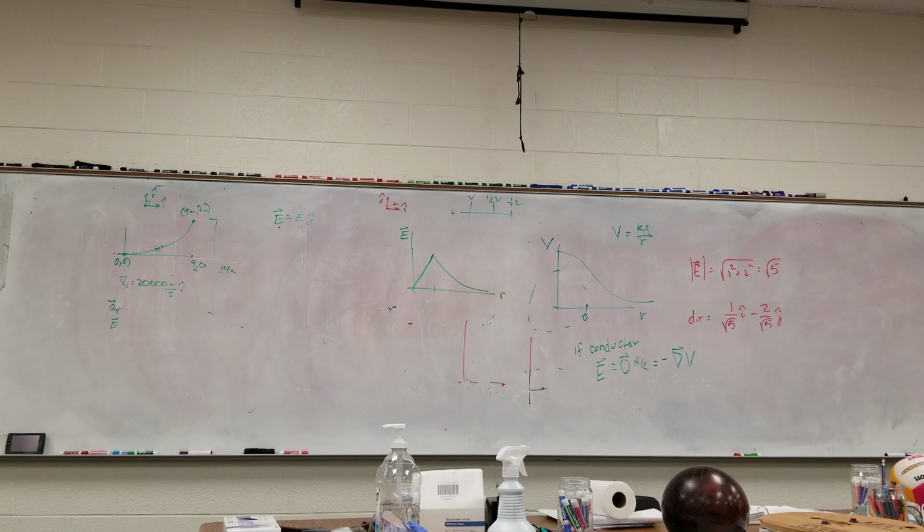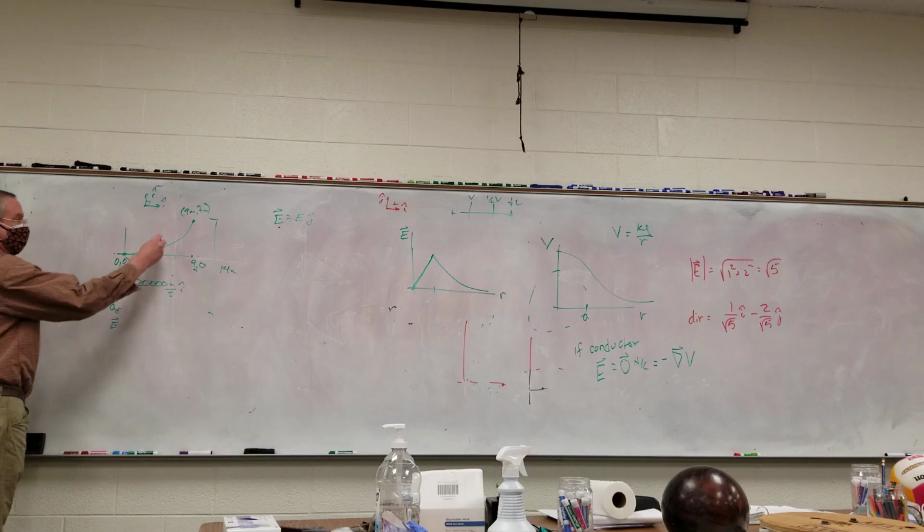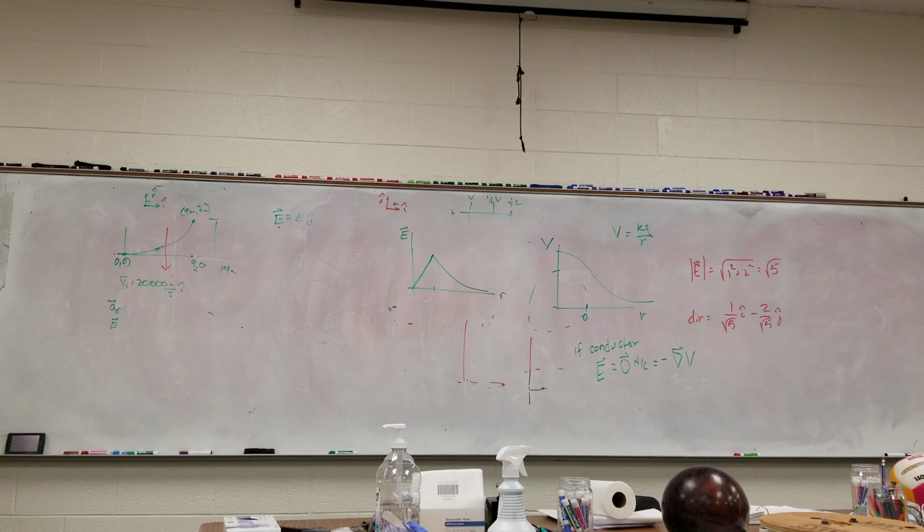The intent was that you treat the electric field as going in that direction, and then realize that it's actually going that way. Now I see that could be misleading. So my electric field ultimately is going in that direction. I'm trying to think of whether I expected them to throw the minus sign into the magnitude.